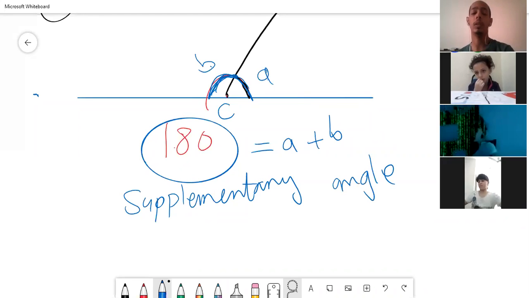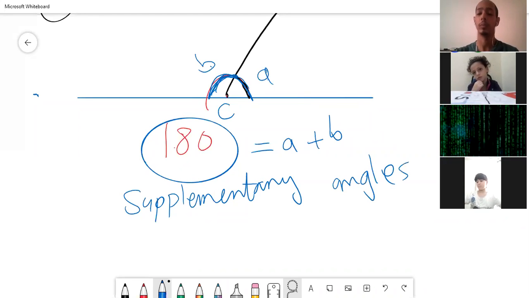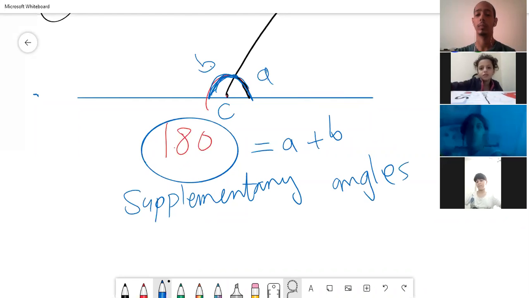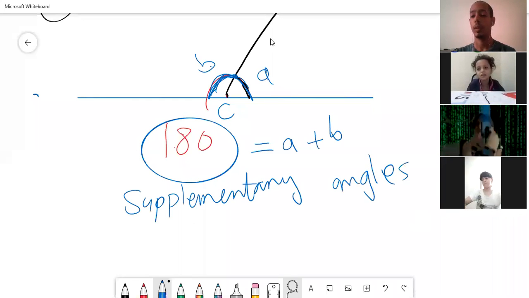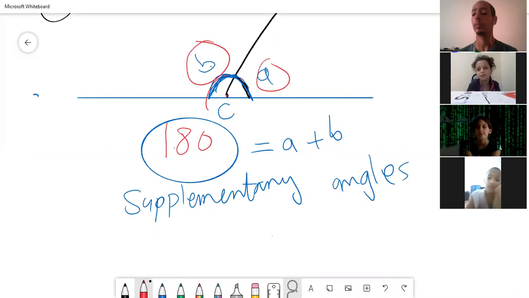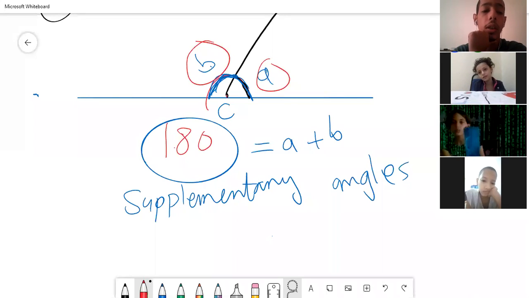What are the supplementary angles now? Sarah? A and B. Yes. Why? Because they make up 180 degrees.